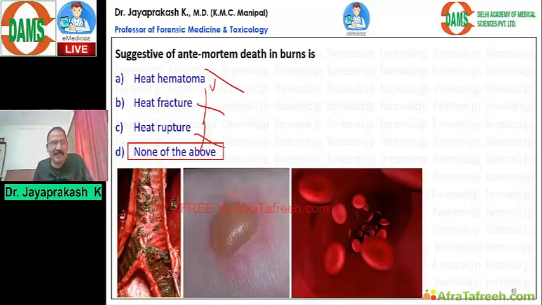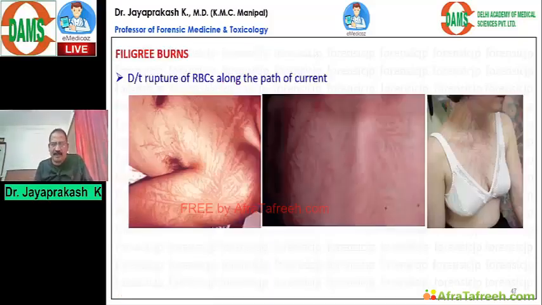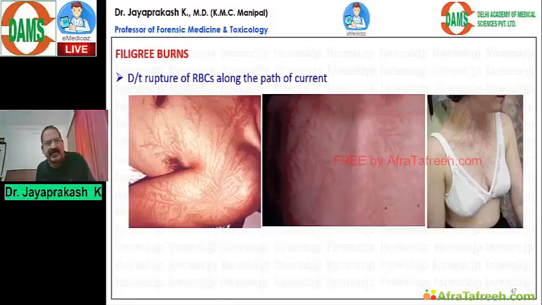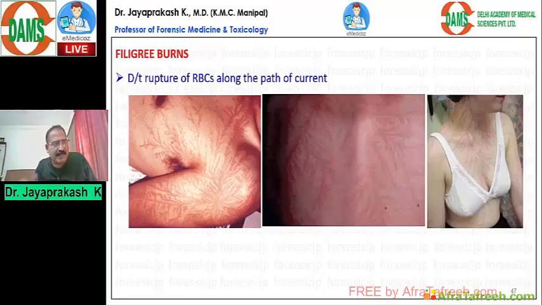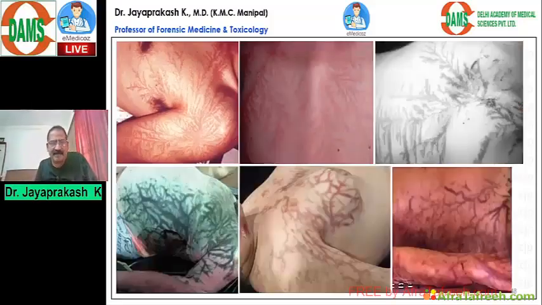Now, you should know how to differentiate between filigree burns and marbling. Filigree burns is seen in case of lightning. It is due to the rupture of the RBC. It is not a true burn, and you can see branches of tree-like appearance. The upper photo shows you the filigree burns. The lower photo shows you marbling.